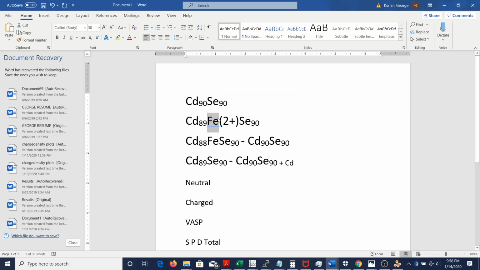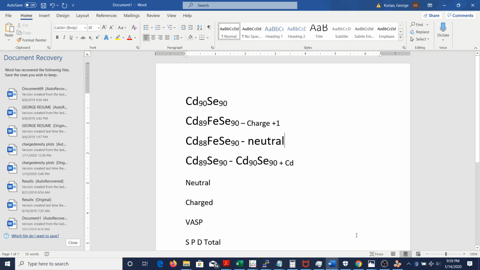Based upon my hypothesis, if the site projected density of states for Fe with a charge of +1 is the same as the neutral one, if they both have the same density of states, then we can say that this is supposed to be Fe3+ and not Fe2+.